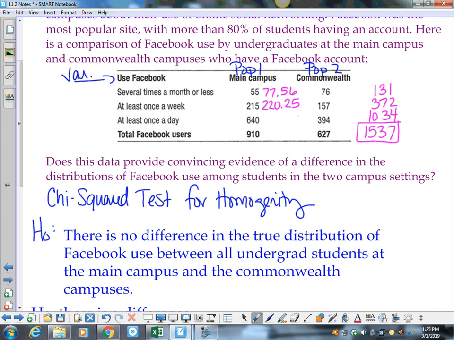Your expected counts should be in the ballpark of the observed.